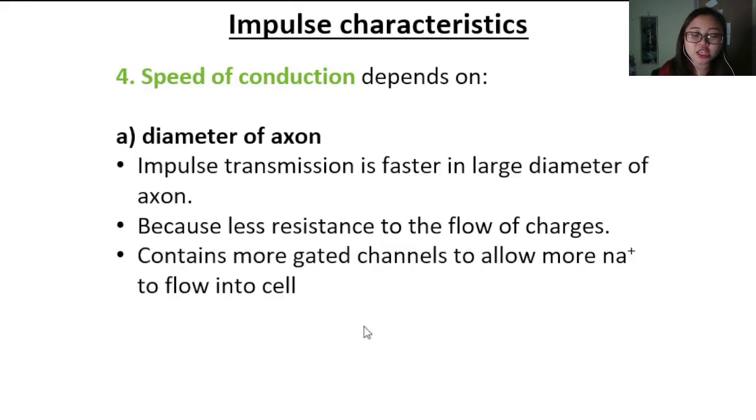It will contain more gated channels to allow more sodium ions to flow into the cell. So lebih cepat ion itu dapat masuk, lebih cepat action potential dapat dijana, dan lebih cepat sel-sel otak kita dapat sampaikan maklumat kepada neuron seterusnya.